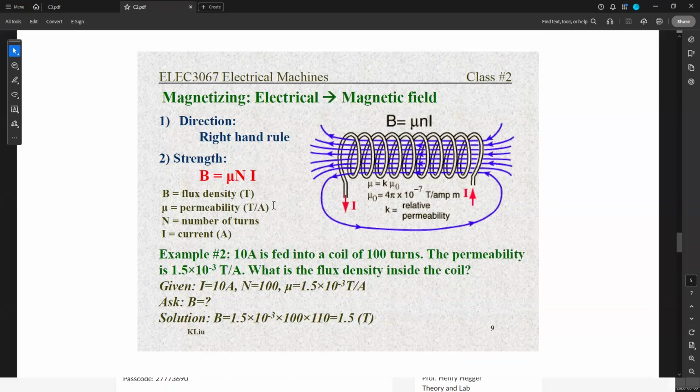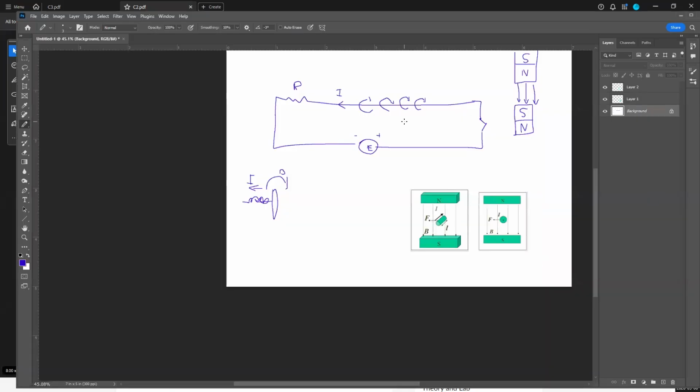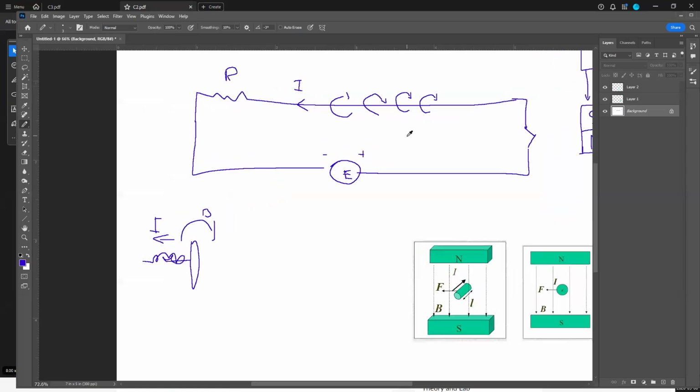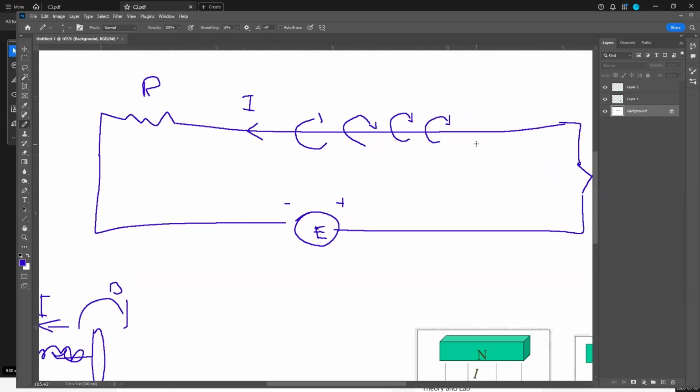When you see the wire here, if you have your thumb here, that is the direction of the current, and then your fingers wrapping around the conductor show you the direction of the magnetic field spinning around the conductor.